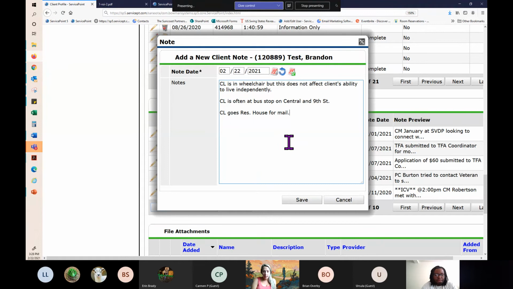Do not put any personal health information, any PHI. General rule of thumb for client notes on the client profile: if you wouldn't want the information shared about yourself in this note, then don't share it for the client, because the entire COC can see this information. So please be very mindful of the information that's added here.